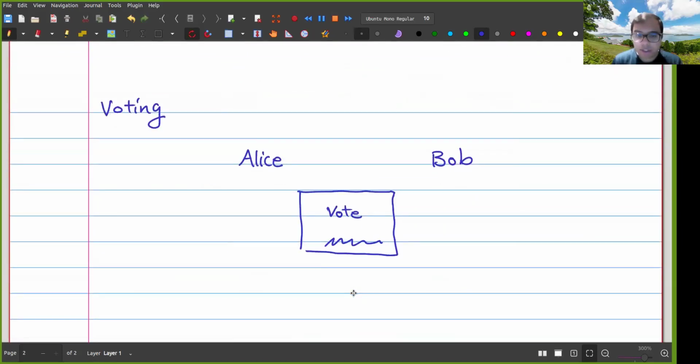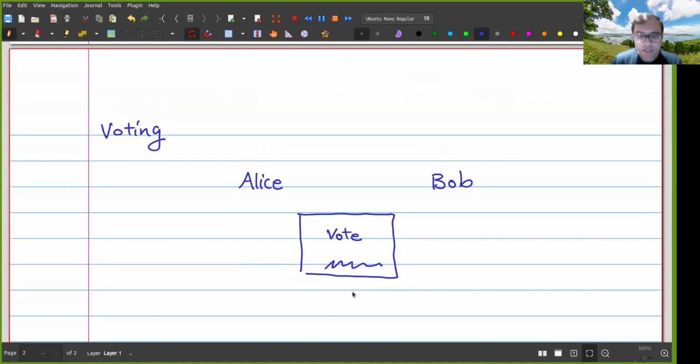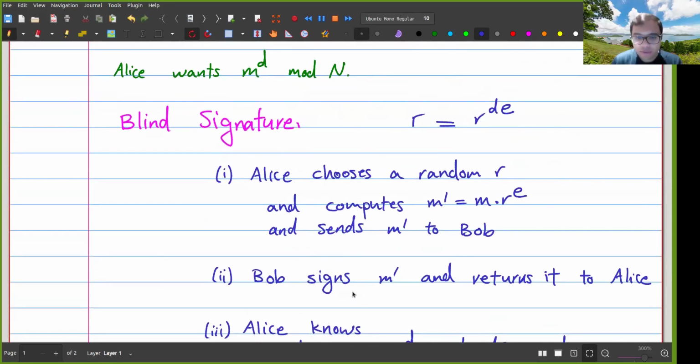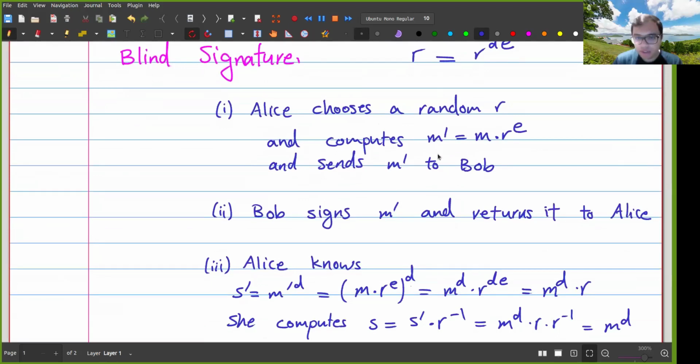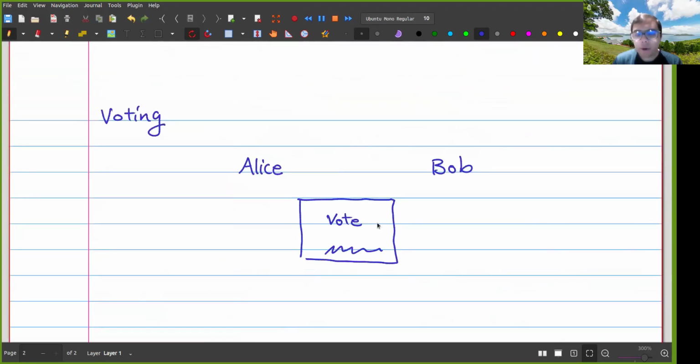Well, again, the situation is very similar. It's just that Alice wants to vote. So Alice has this message M, and the message M is her vote. All she does is that she computes some M prime, which is a blinding of M, and then lets Bob sign that. Now, Bob wants to make sure that Alice can vote only once.